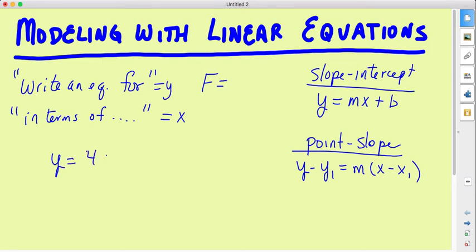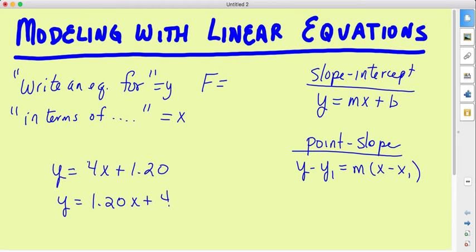Is it y equals 4x plus $1.20, y equals $1.20x, or y equals $1.20x plus 4? Which one? Logically, we start at $4 and it goes up $1.20 per mile. So it makes sense that that would be the second one. So we don't want this one.